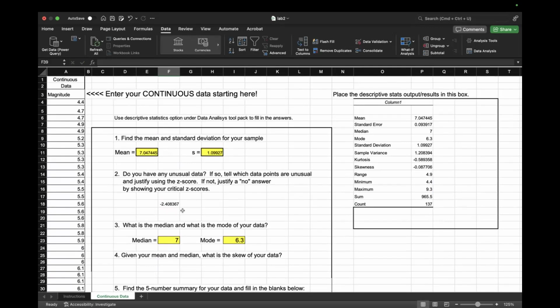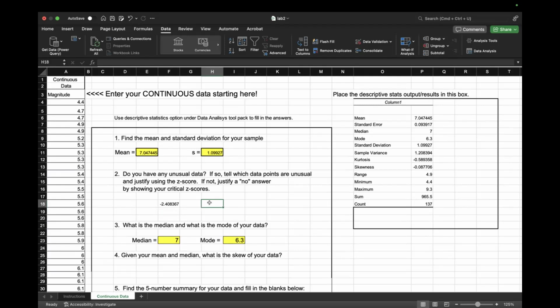So for question 2, are we doing that for each data point or just the ones that are unusual? I would say just do the highest and the lowest. So whenever we write that, like yours is a magnitude of 4.4 that you used, would you leave the answer -2.40?